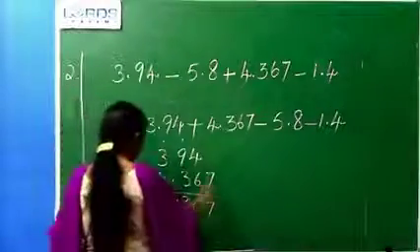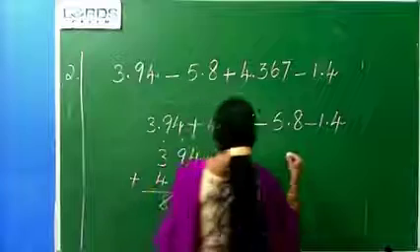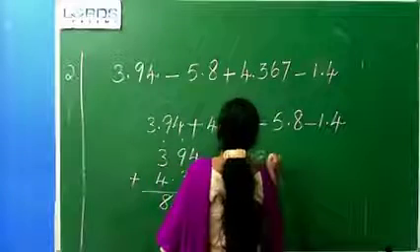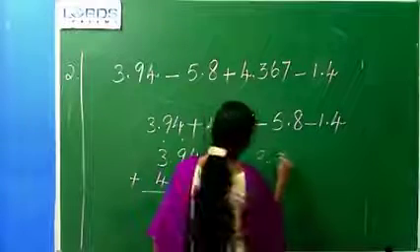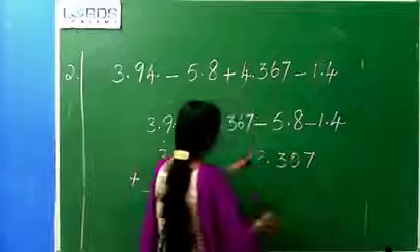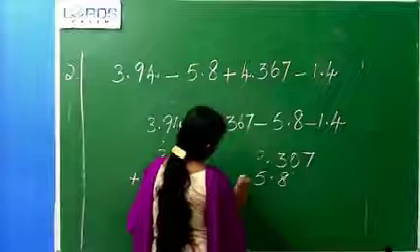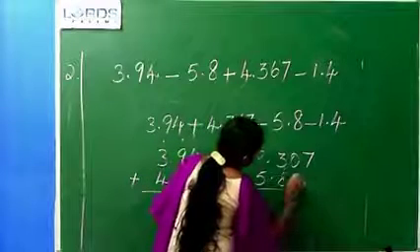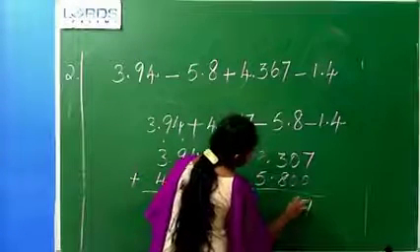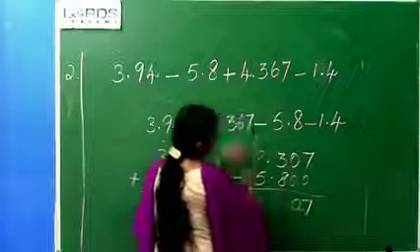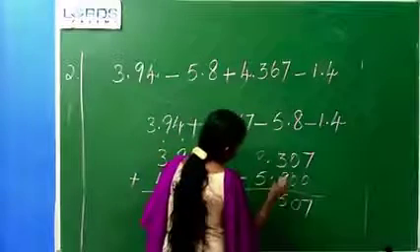8.307. From 8.307 we are subtracting 5.8. 7, 0, 8 to become 13, 5. How?